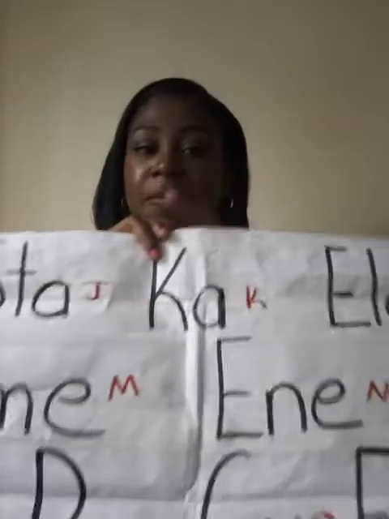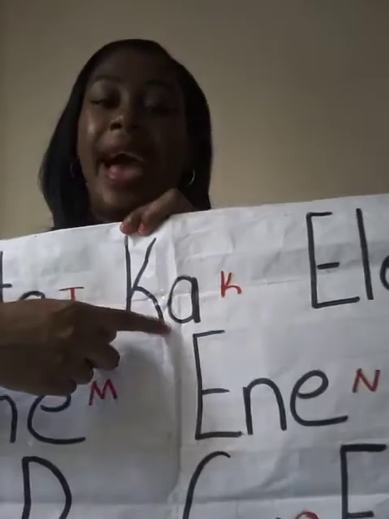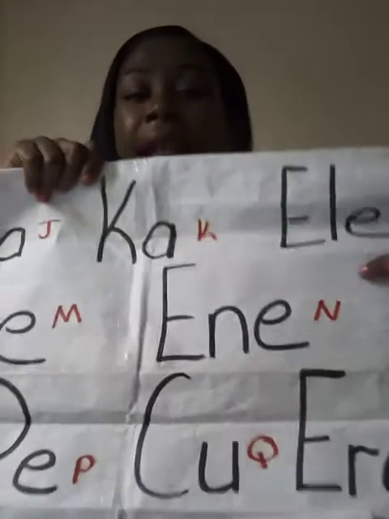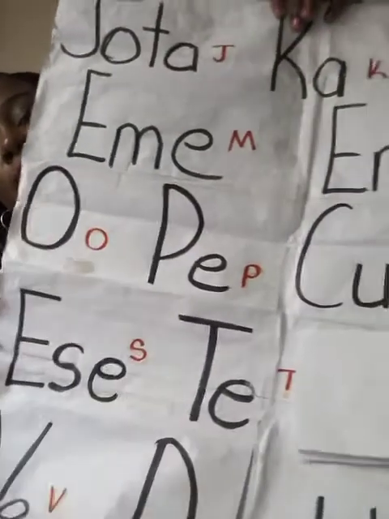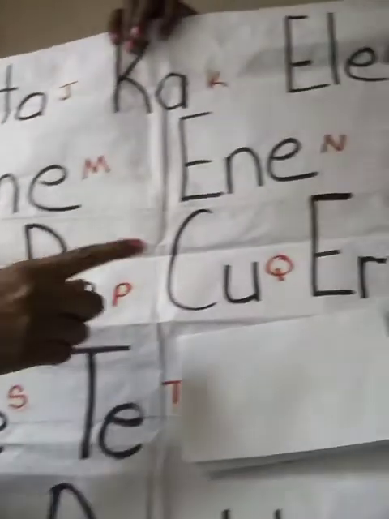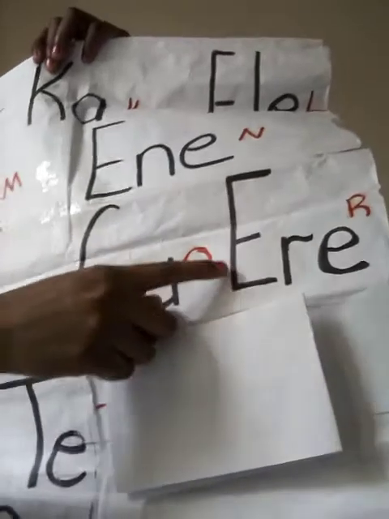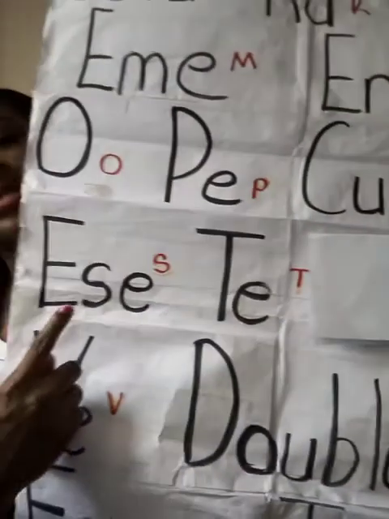We're just going to say the Spanish letters now. So let's go. K, L, M, N, O, P, Q, R, S, T. Otra vez, one more time.